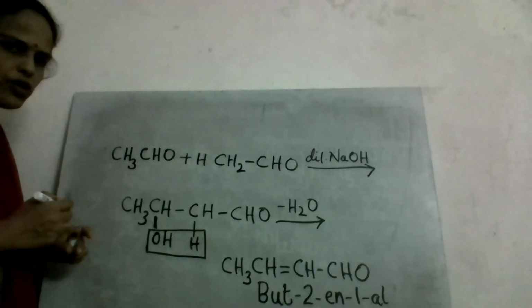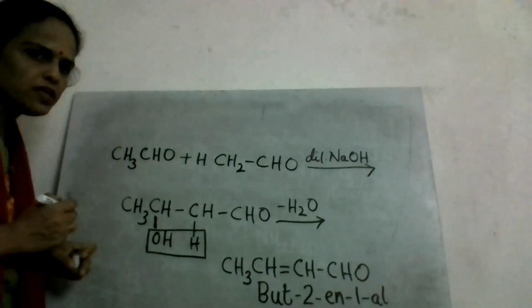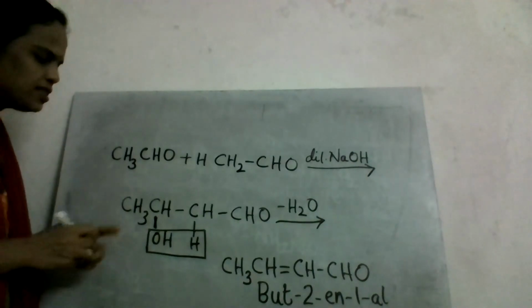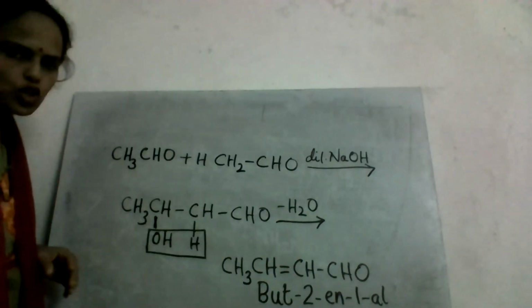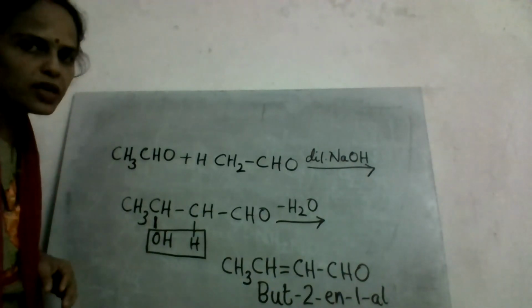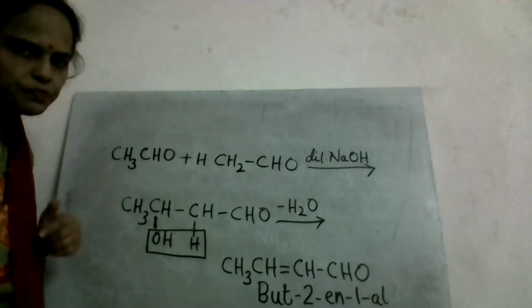The name of this compound is but-2-en-1-al, and this is alpha beta unsaturated compound that is formed during the reaction.